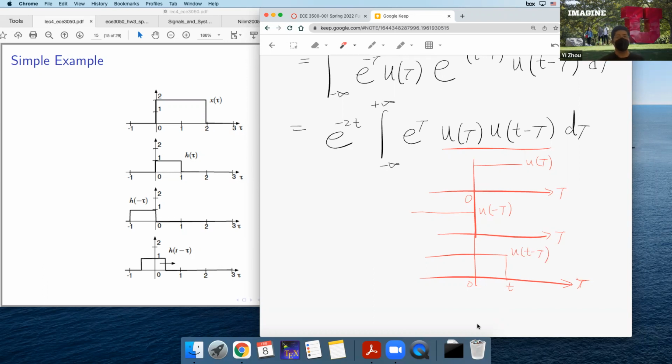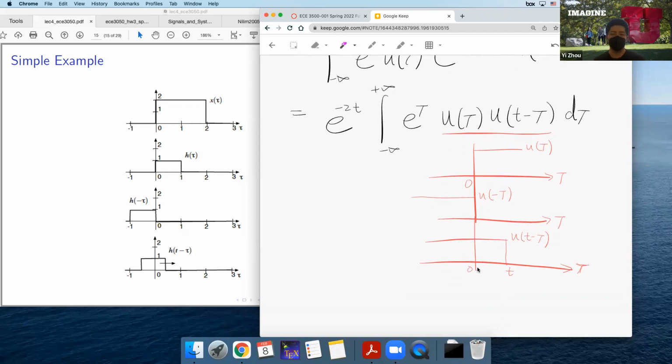Okay. So you can see that the product between u tau and u t minus tau will produce a window function. This is a product of two rectangular-like signals. Right? They are not closed. One side is open.